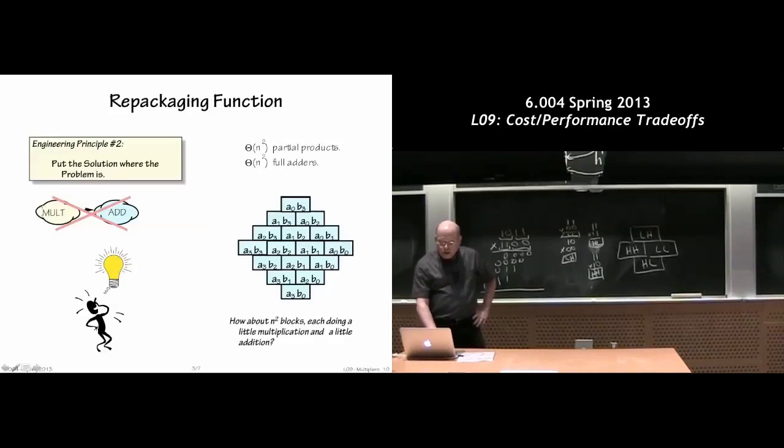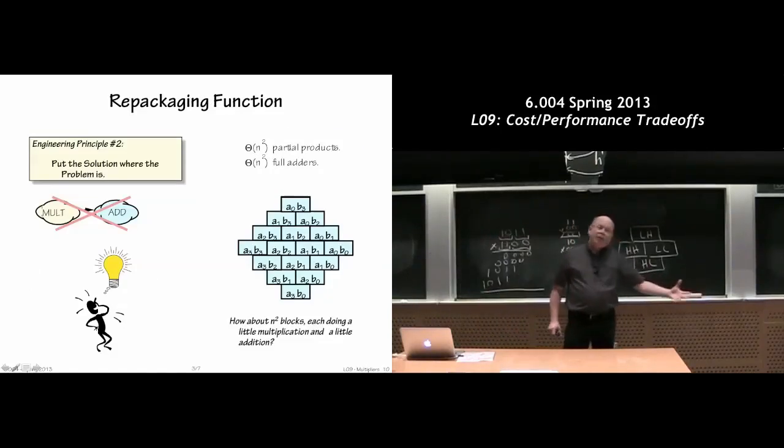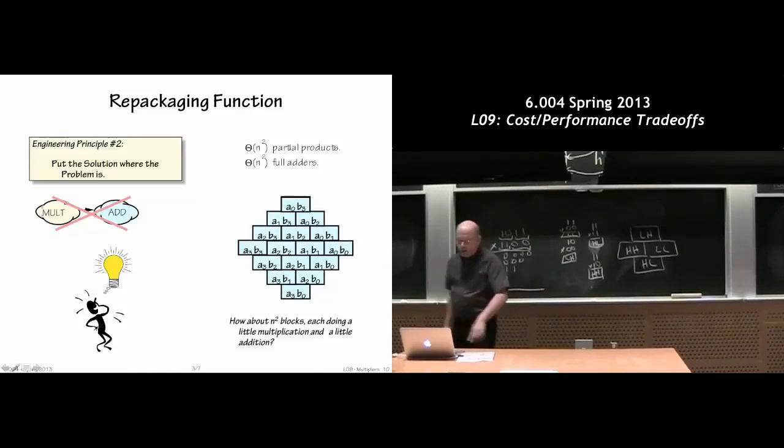So instead of building circuitry that creates the partial products and circuitry that does the addition, we're going to build a building block that does a little bit of both, and then wire them up in a way that solves the multiplication problem correctly. So we're going to build a single building block, which is a combination partial product generator that also deals with the addition in the columns as we go down.